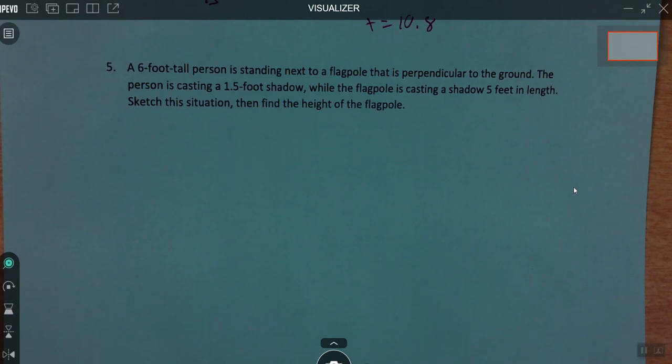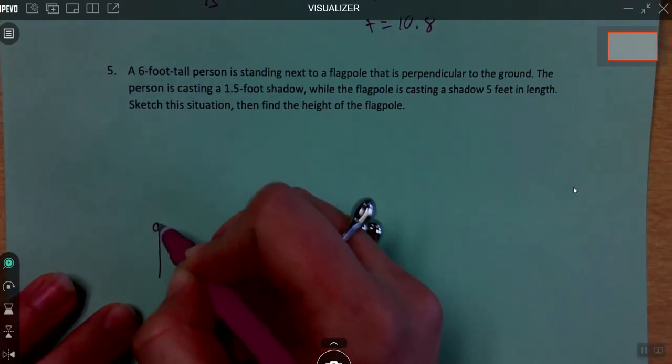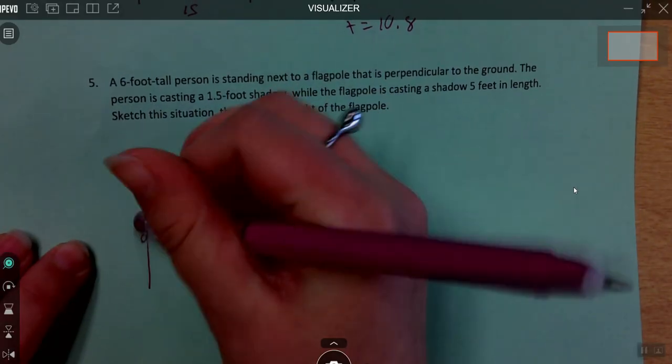Okay, let's sketch it. I also like that, but you forgot the standing right. It is also right, you still got it right. Okay, let's go through this. We have a 6-foot tall person. This is my person. I was just going to draw a line.